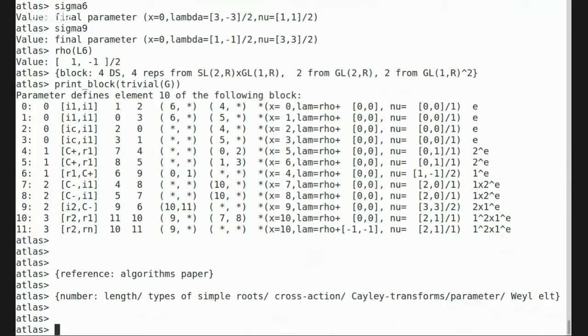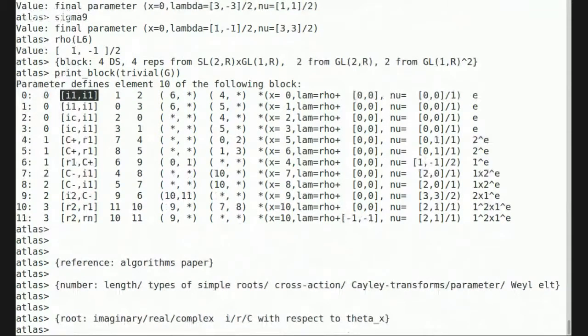Let's start at row 0, for example. Representation number 0, its length is 0. That means it's a discrete series. Right here, this says that the first simple root, well, let me make a note here. A root can be imaginary, real, or complex, and that's denoted I, R, capital C, respectively, and that's with respect to theta sub x.